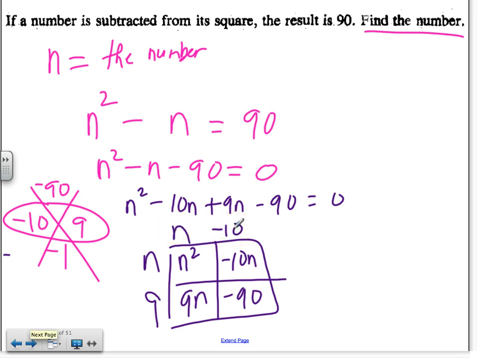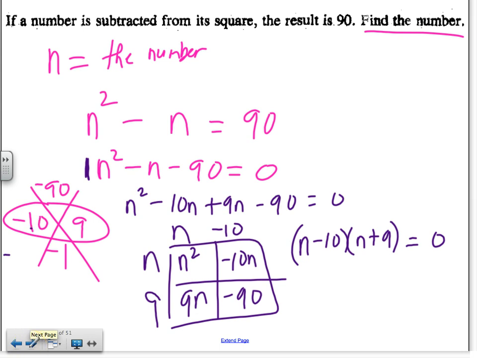So I can write it out as n minus 10, n plus 9, and of course everything equals 0. For those of you who pay close attention, because this is a 1, I can use the shortcut approach. See it? Negative 10 and 9. We talked about this before, right?